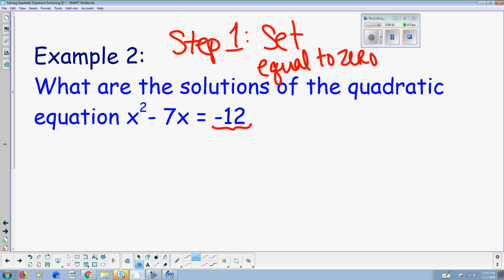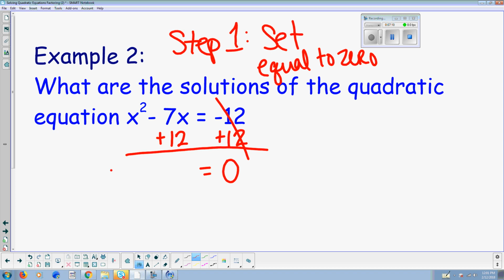So this negative 12 could be canceled with its additive inverse, which is positive 12. So I'm going to add 12 to both sides of the equation to keep it balanced. And that gives me a 0 on the right side. That's what I was looking for. And again, this 0 is going to enable me to use the zero product property.